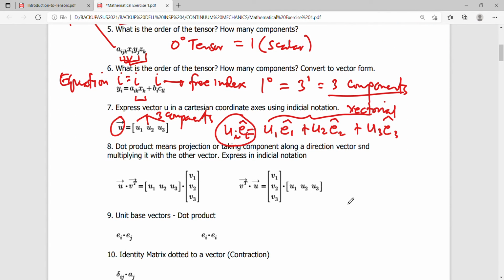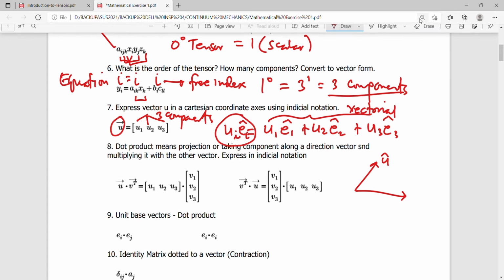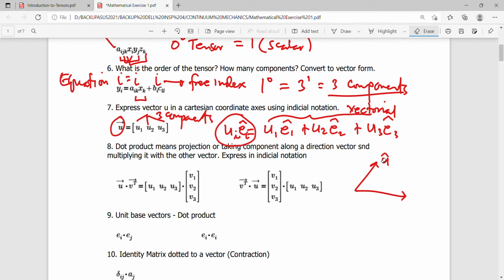So for number 8, the dot product means a projection of, or taking the component along a direction vector and multiplying it with the other vector. So if I have two vectors involved, let's say I have a vector u here and a vector v here. Okay.